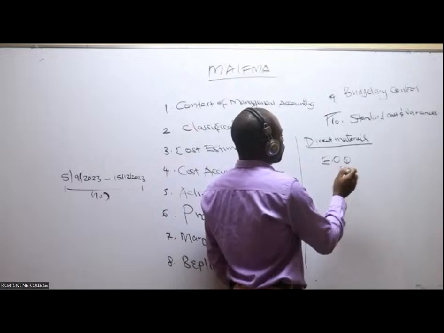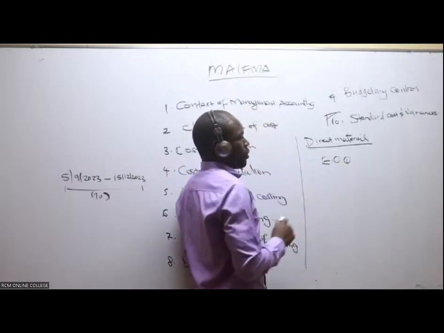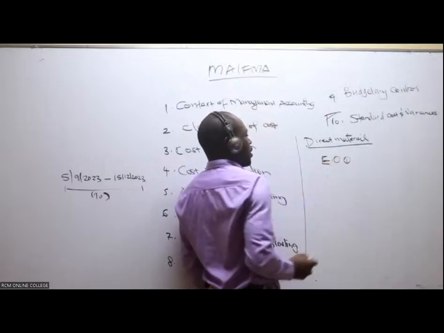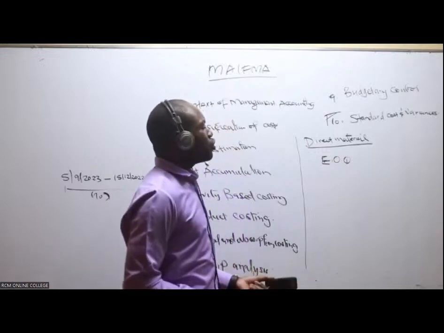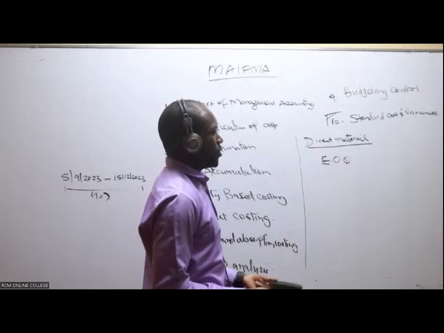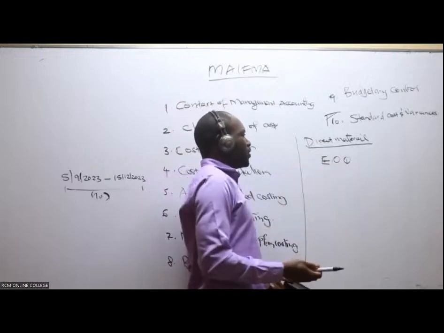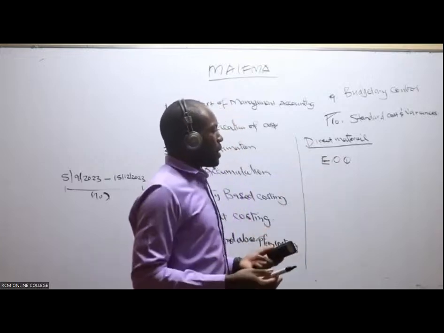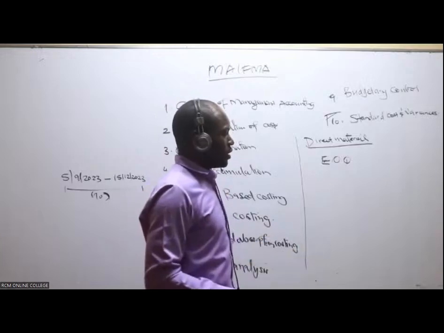Economic order quantity. We are going to do this. Another thing, when I'm going to remove goods or inventory, so that's direct material, I bring the raw materials to the company, then I have what we call now the inventory.